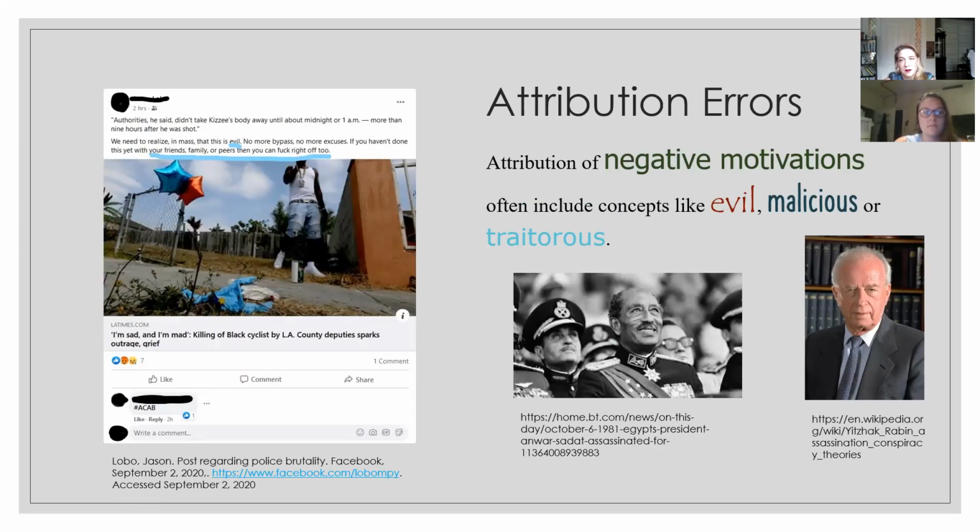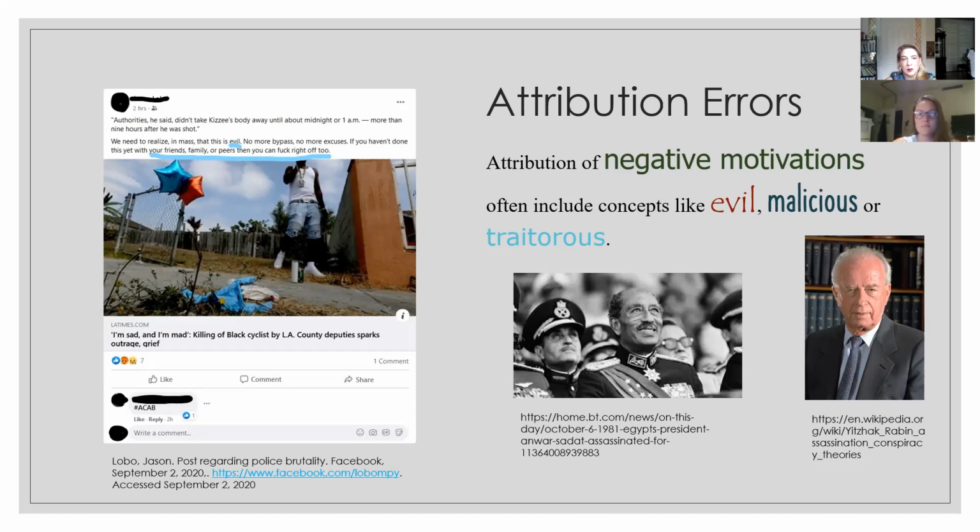Additional attribution error examples show attribution of negative emotions, including labels like evil, malicious, and traitorous. So on the left, you see another post from a friend of mine, all these great friends, and he's attributing motivations of evil to police officers.